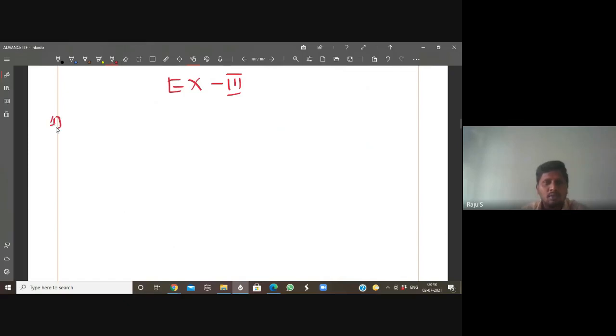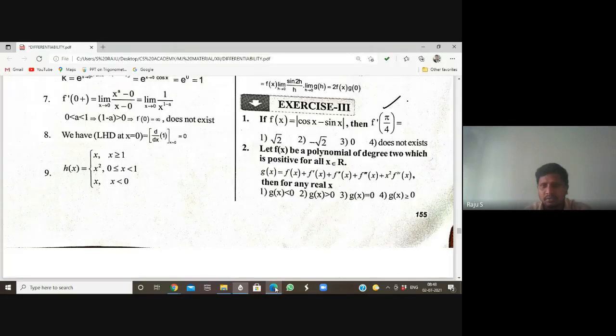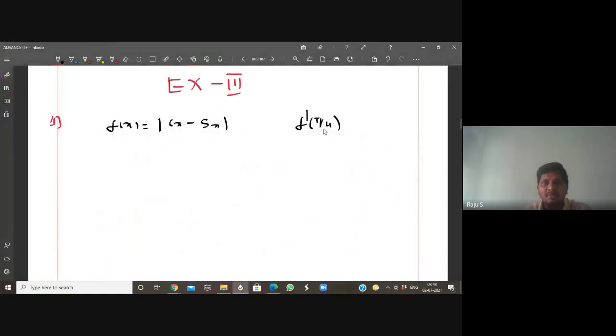Now, what is the function value they given, students? F of x is equal to modulus cos x minus sin x. F dash of pi by 4 they ask me. Am I right? F dash of pi by 4.